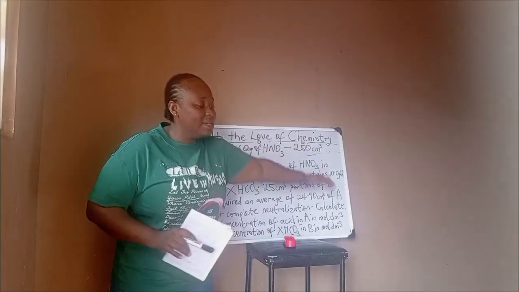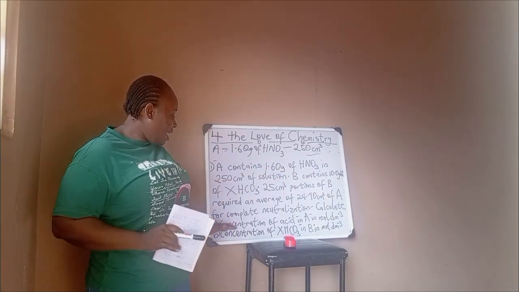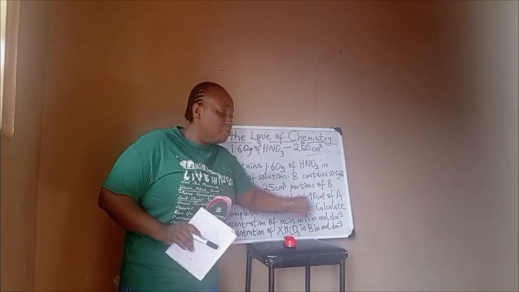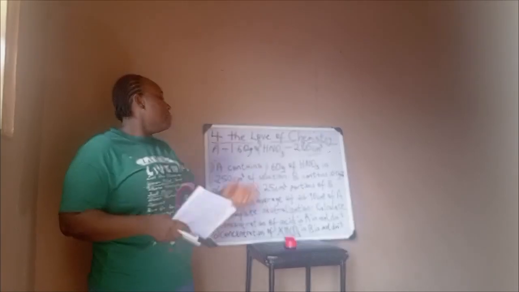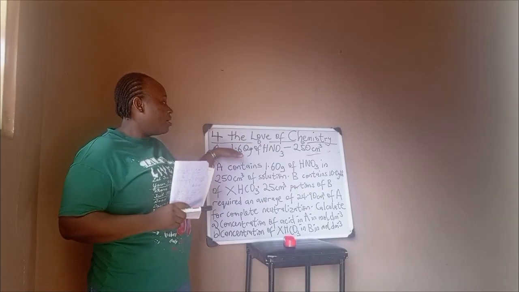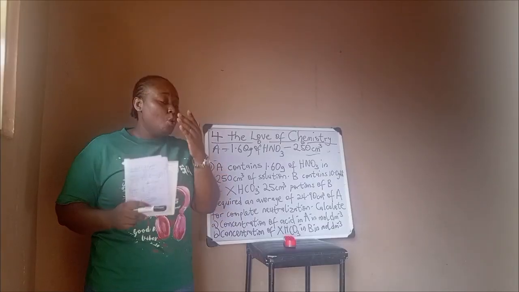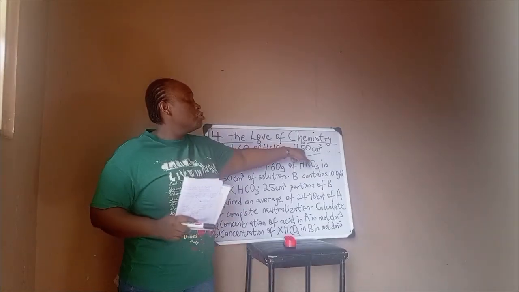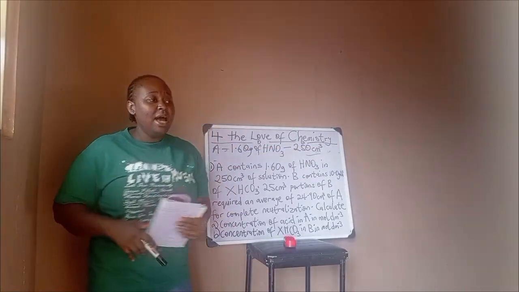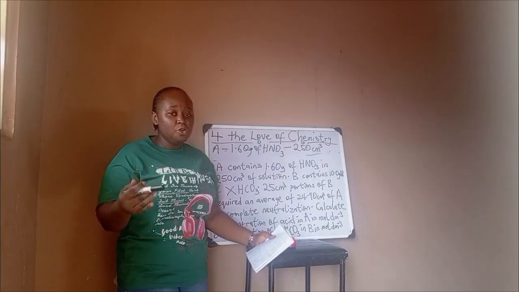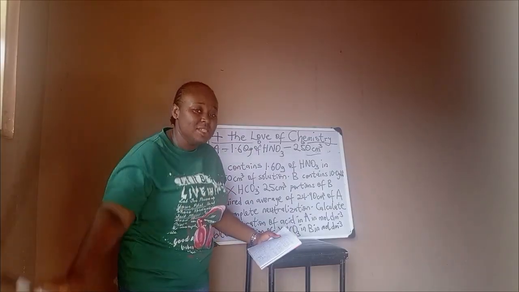So if I look at this and I'm asked to get the concentration of A in mole per dm cube, and if I assume that this is my concentration in gram per dm cube, I am wrong. Why? Because this is in 250, not 1000. And remember, 1 dm cube is equal to 1000 cm cube.